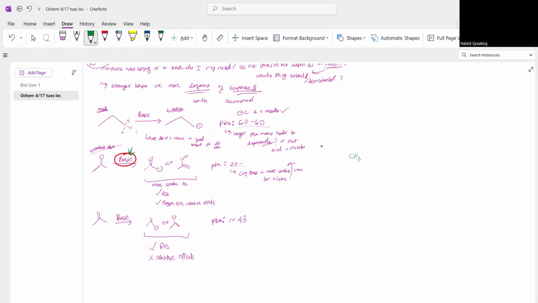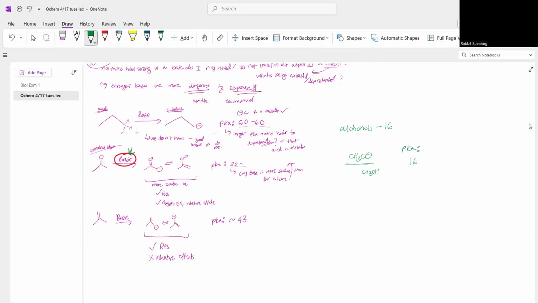Let's take CH3O minus. So this is a base. Is this base good enough? You need to think about what the pKa is. We know the pKa of alcohols is around 16. The conjugate acid of this base is essentially CH3OH, which is an alcohol, so the pKa of this will be around 16.